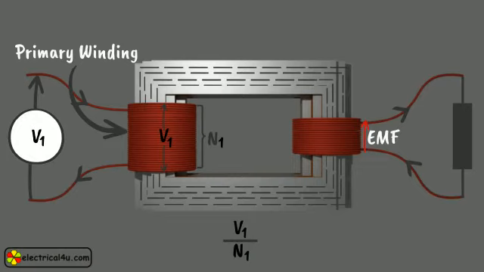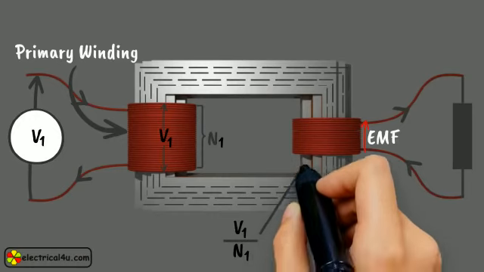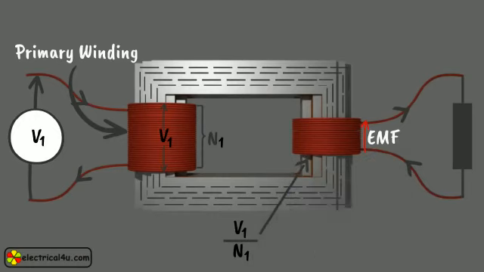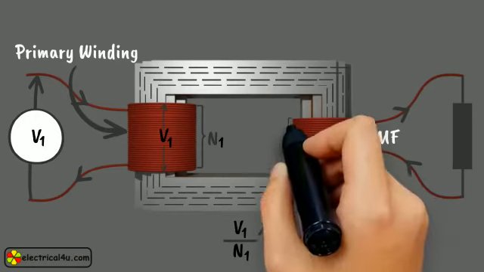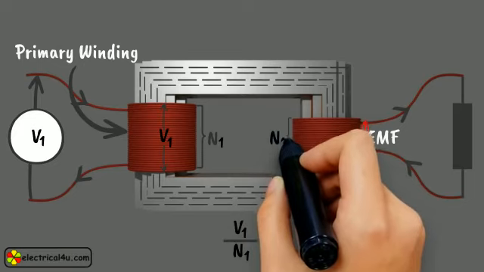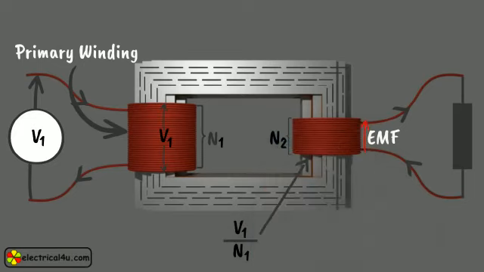So far, we have understood that exactly this V1 by N1 voltage will appear across each turn of the second winding. So if this second winding has N2 number of turns, then the total voltage across the second winding is N2 into V1 by N1, and let us say this is V2.